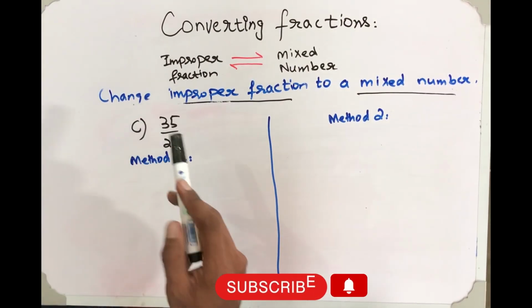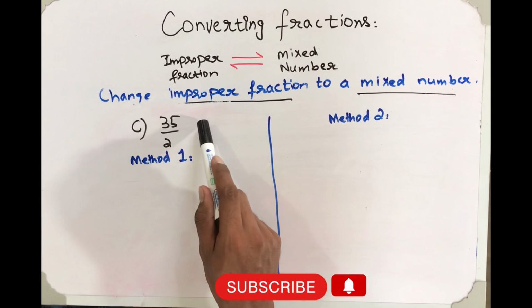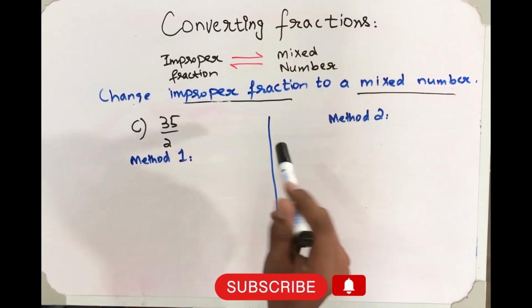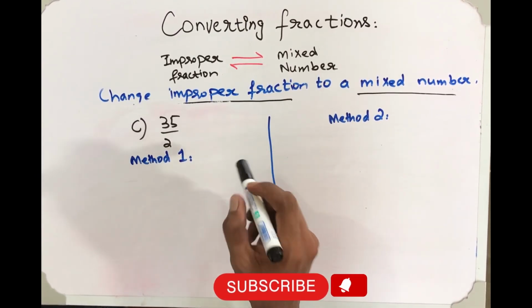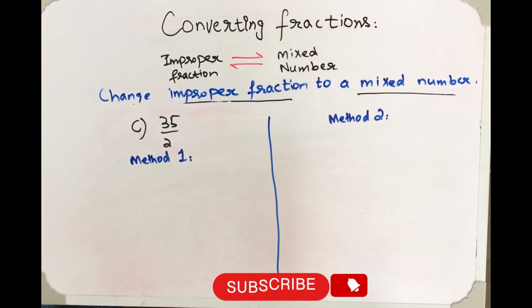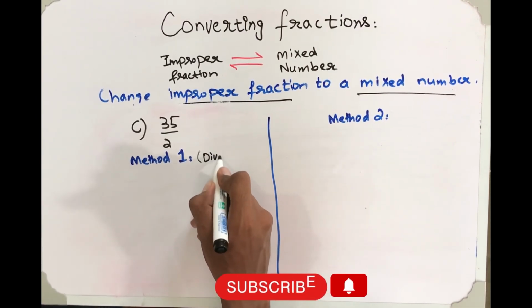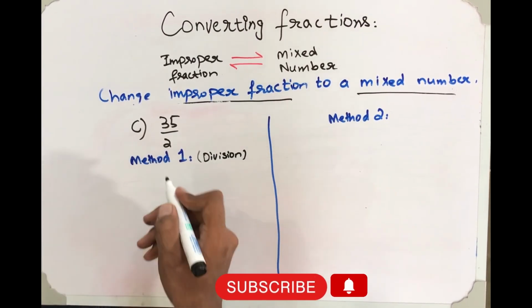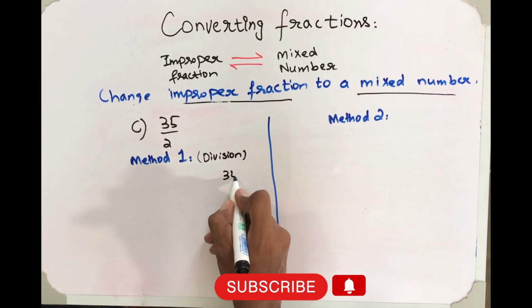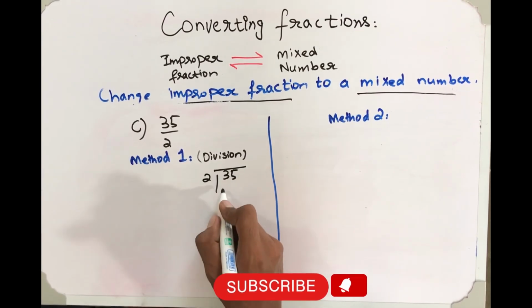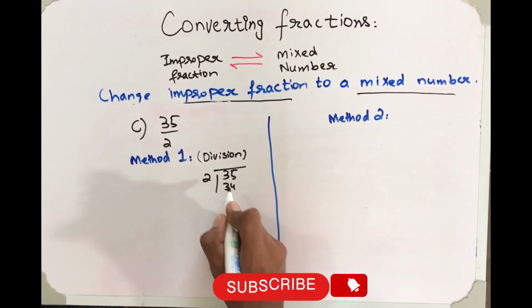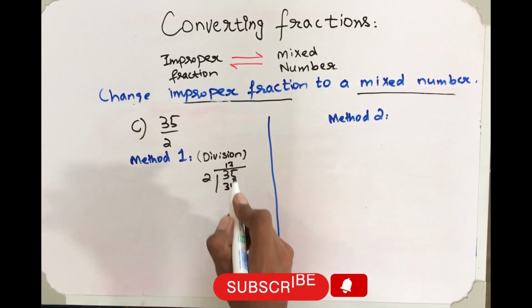So now I'm going to discuss the third example, how to convert an improper fraction to a mixed number, so that you can build your proper concept of converting an improper fraction into a mixed number. Method number 1 was the division method. So this is how we are going to divide 35 by 2. When we divide 35, we will get 34 when we multiply 2 by 17.